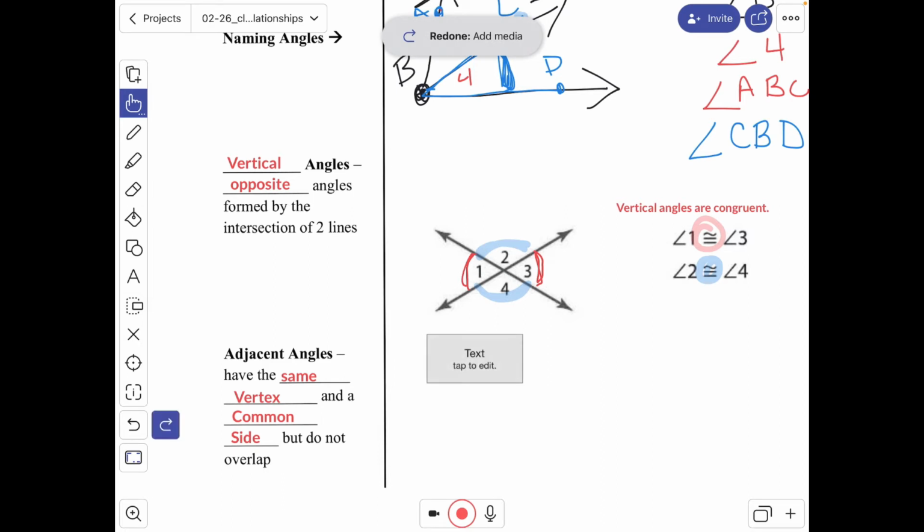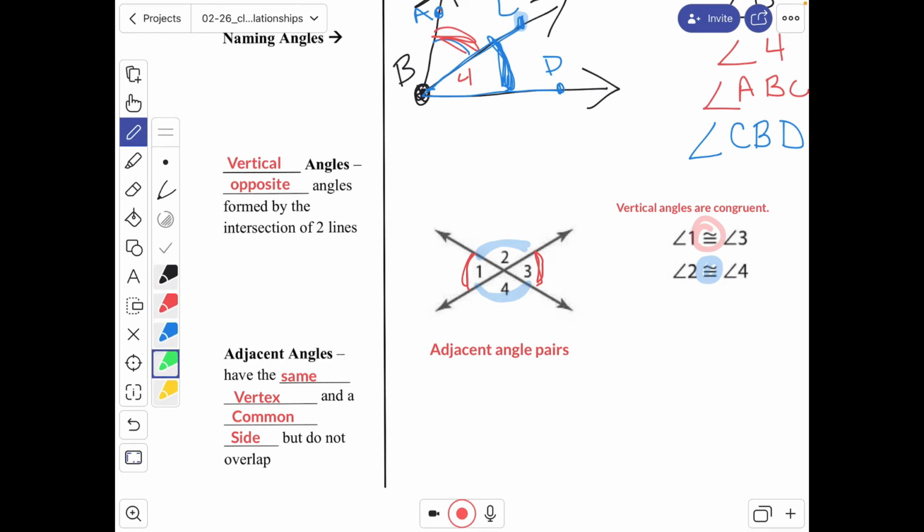So let's name some adjacent angles that are in our little example here. So angle 1 is adjacent to angle 2. They are right next to each other, is basically what adjacent means. So angle 1 and angle 2 are adjacent.